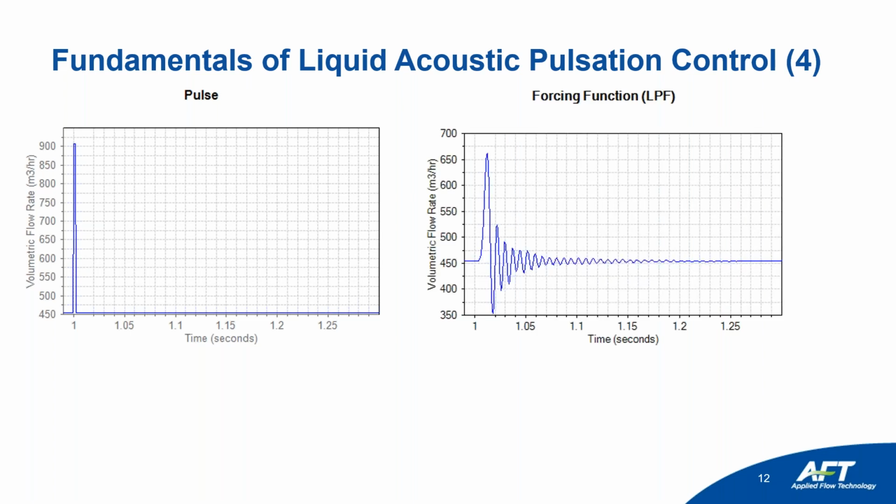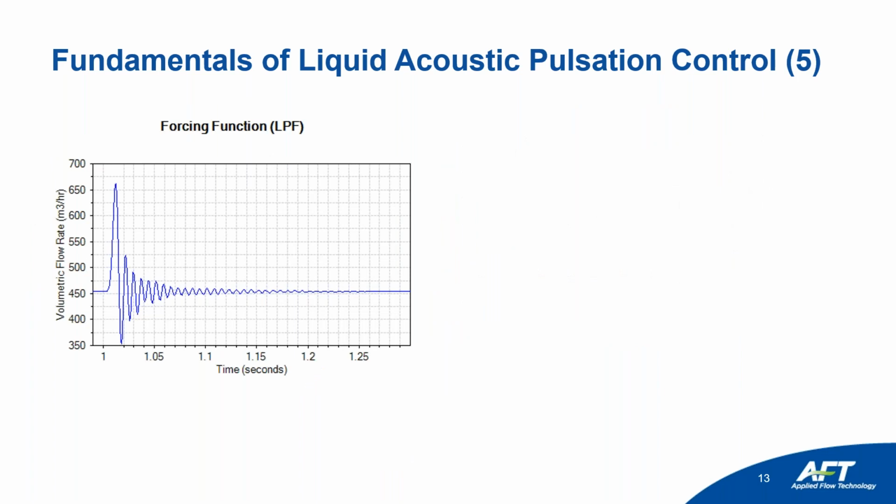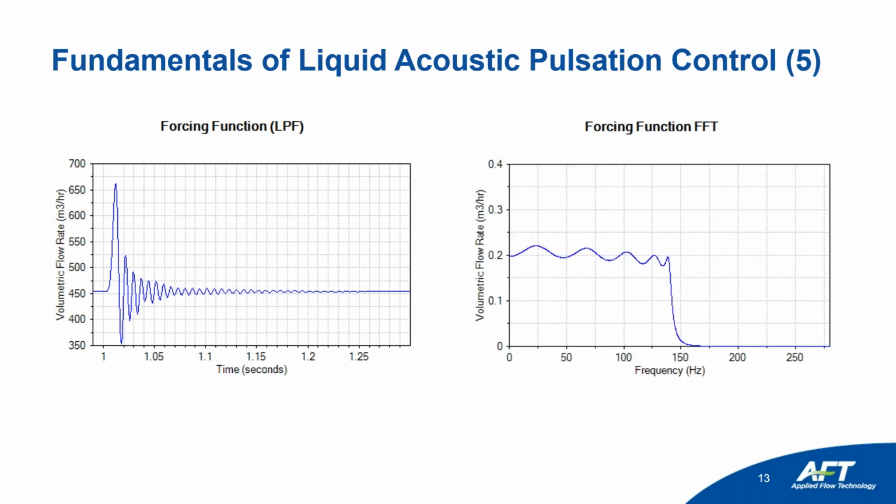We apply a low pass filter to excite the low frequencies. As I said, we apply it at the pump. And then we take it to the frequency domain by the fast Fourier transform. That's what the program PFA does.